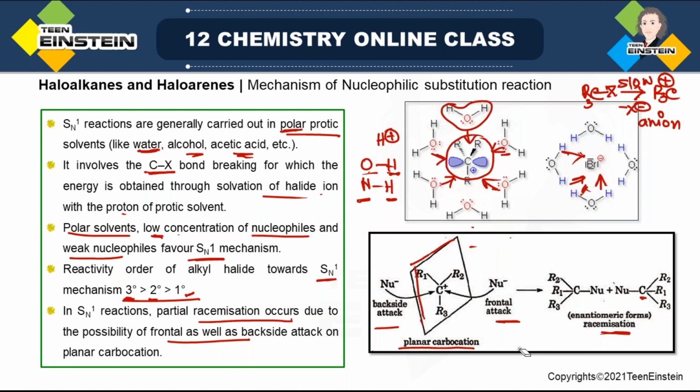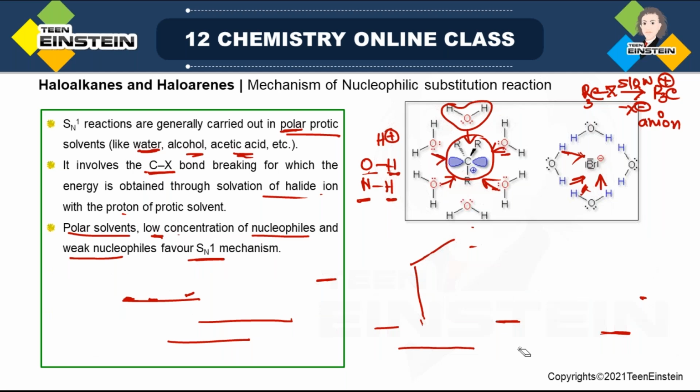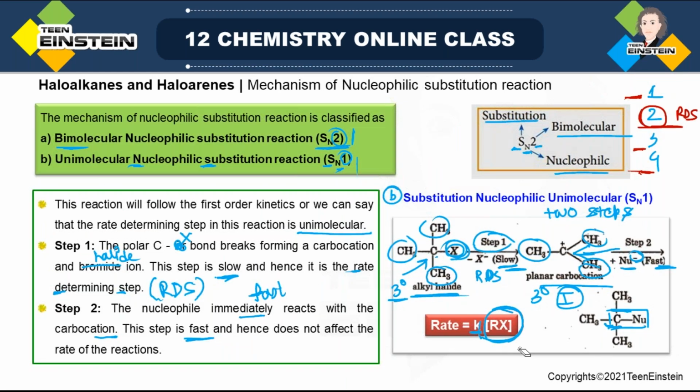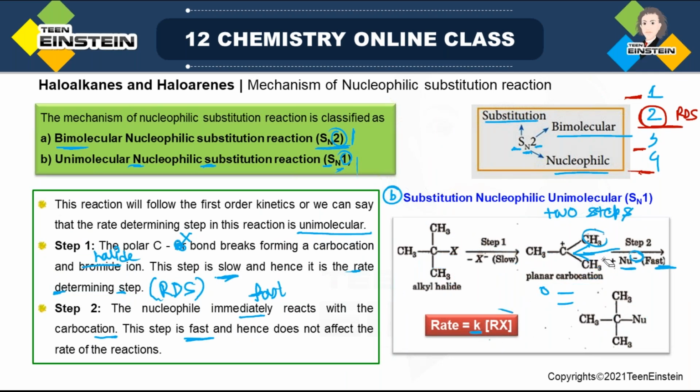If you consider this reaction for understanding the energy profile diagram, it will be better. So see, here we have a total of 2 steps. Now in the first step, this bond between carbon and X is just breaking. So this is intermediate I. This is starting material.